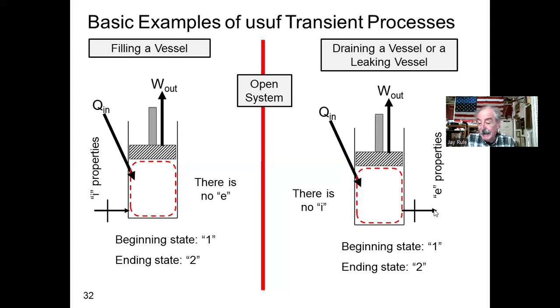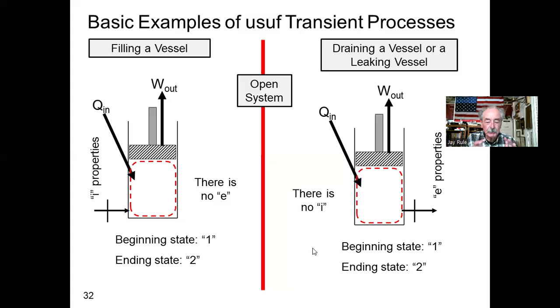I'm losing mass at a certain known flow rate, for example. In other words, I have mass leaving at state e, but I start at some known state 1 and end at some state 2. So these are examples of uniform state, uniform flow, transient processes.